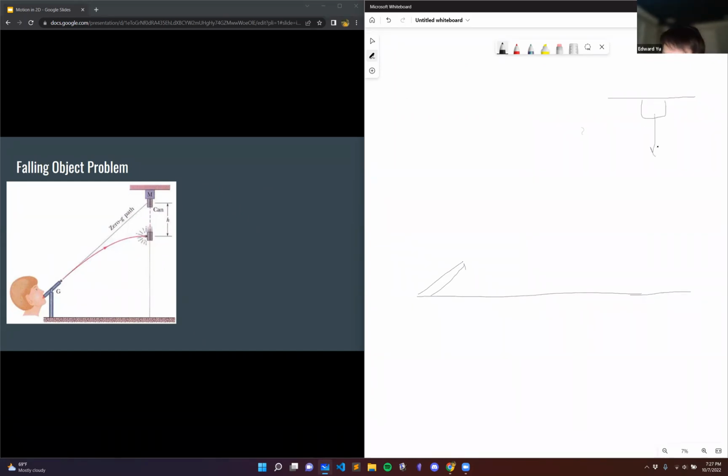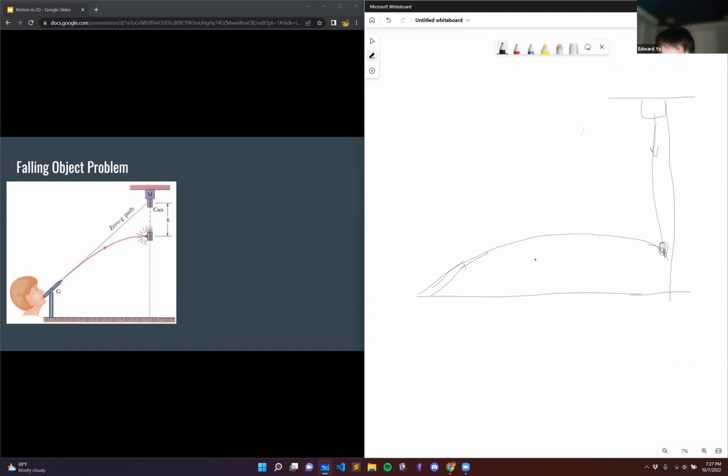The can is being dropped. At the same time, the bullet is being projected. So if this projectile is going like this, for example, I think this is the wall. Where would you have to shoot it in order for it to land at the same place?